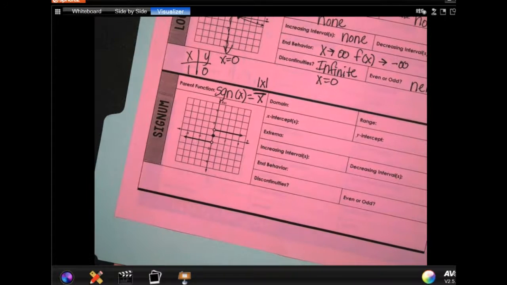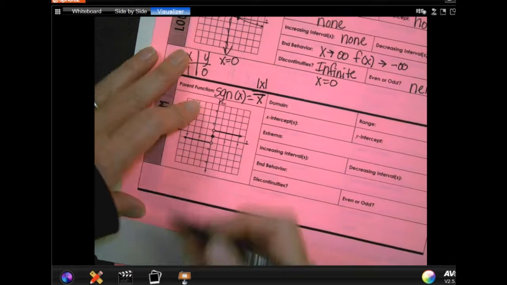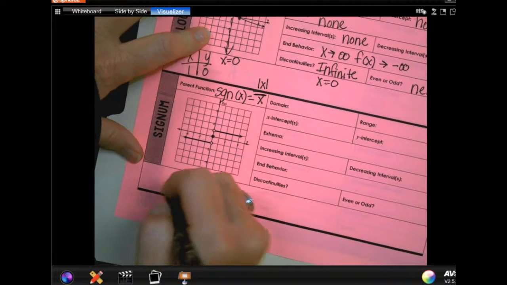So if you just look at this function, first of all, if I start at negative infinity, it goes to 0. Then it jumps, and then it jumps again, and it goes back to infinity. Okay, this is a piecewise function because it's like a puzzle. You put it together. And so this is how we write this.